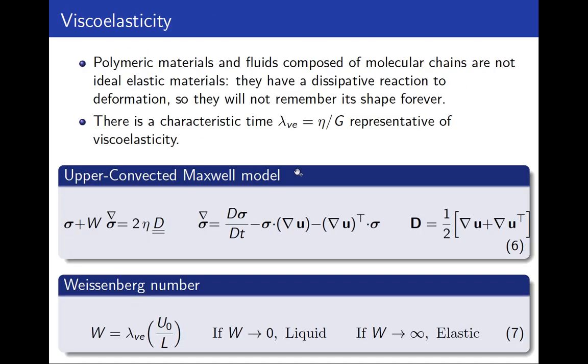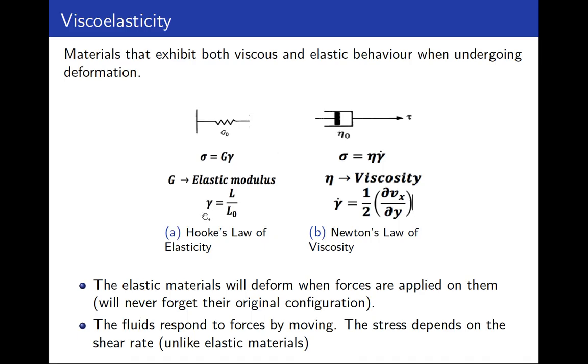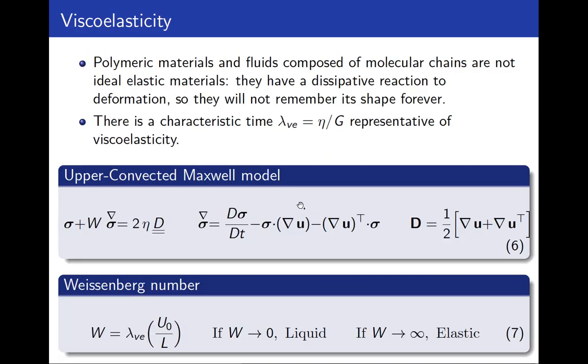So there is a characteristic time that is representative of viscoelasticity. This characteristic time can be calculated as the ratio of viscosity and elastic modulus. Here I'm illustrating one of the most common equations used to represent viscoelastic behavior, which is known as the upper convected Maxwell model.